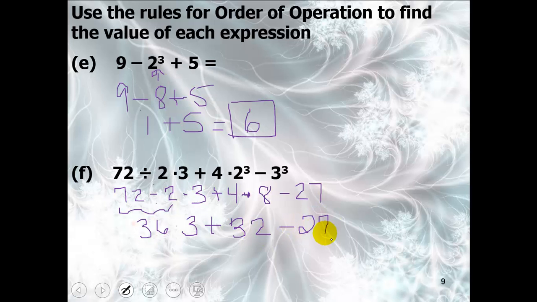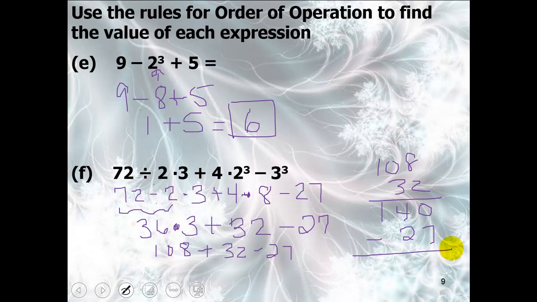I have one more multiplication here. Okay, 36 times 3 is 108 plus 32 minus 27. Right? So 108 plus 32 is 140 minus 27. That's a 3, that's a 3, that's a 1, is equal to 113.